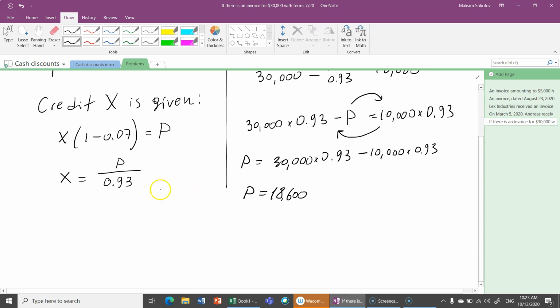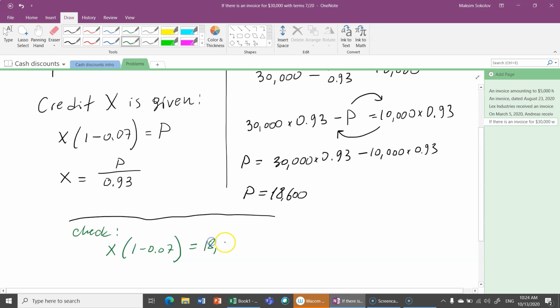So let's check it to make sure. And checking will also give another explanation of why this was the way we solved this problem. Okay, so we are receiving credit, which is X, and if that is discounted by 7%, that should be $18,600, because $18,600 is that partial payment.